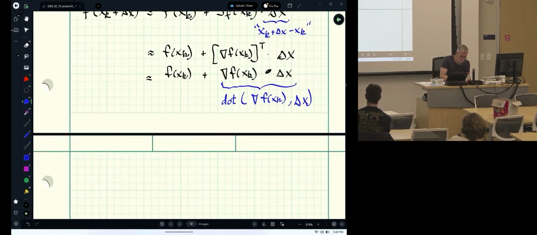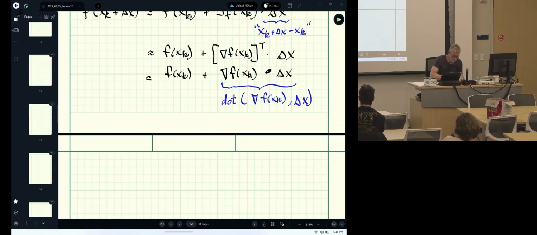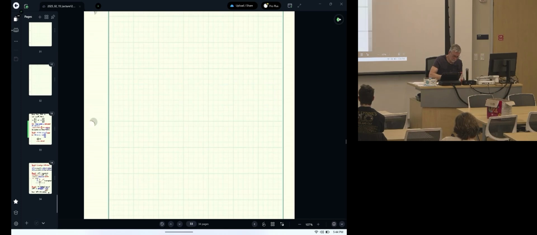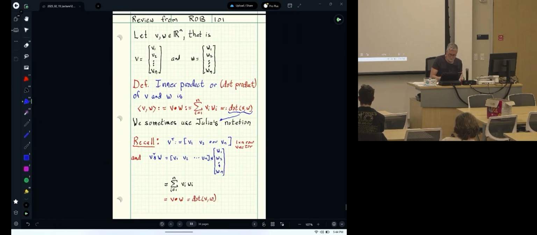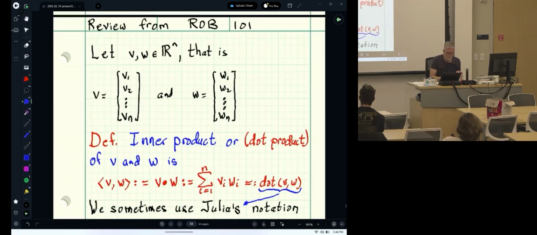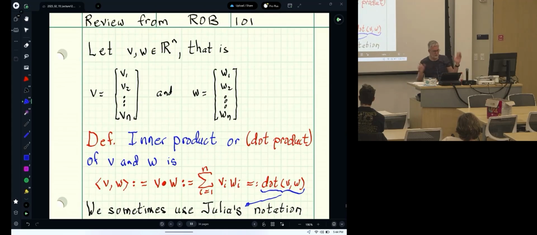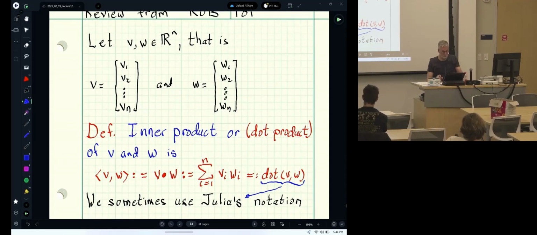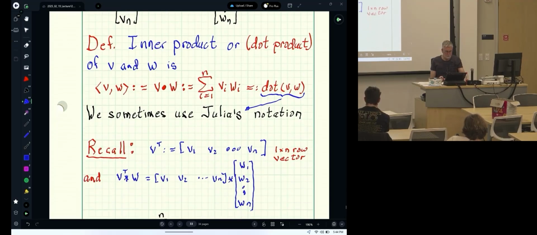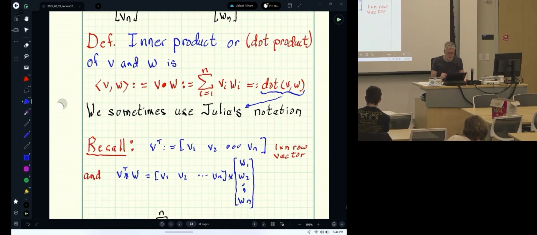This is from Rob 101, so you don't need to write anything down. It'll be at the end of the notes. So here's two vectors in Rn. The inner product is just the sum of the products, V transpose times W. Okay, so that's what this is.